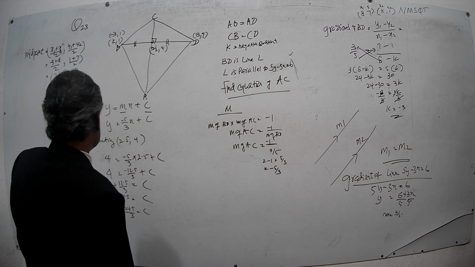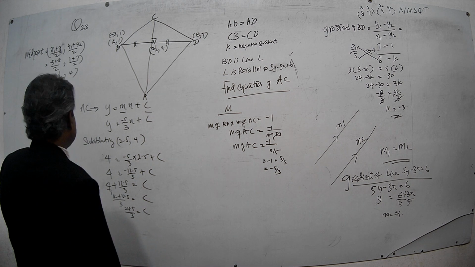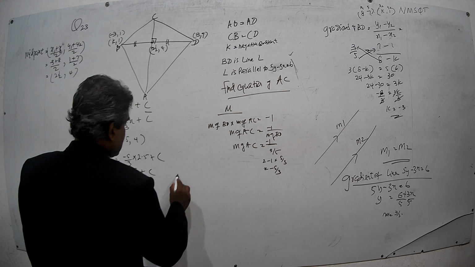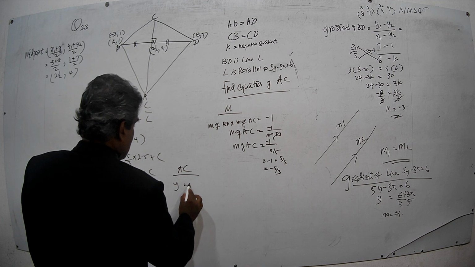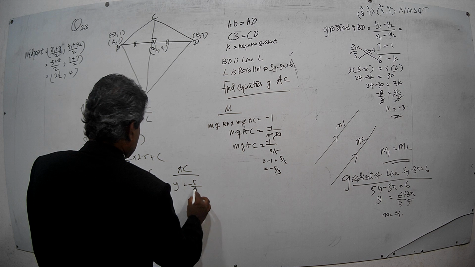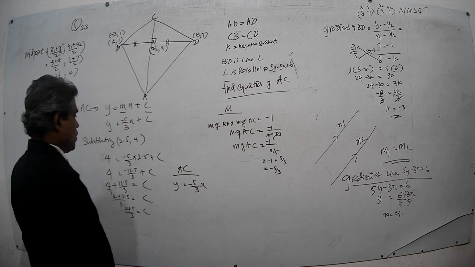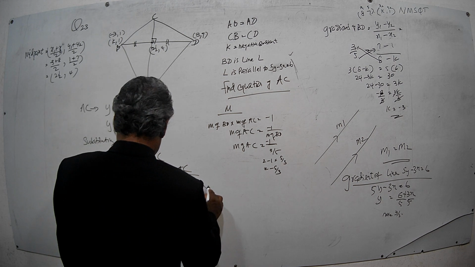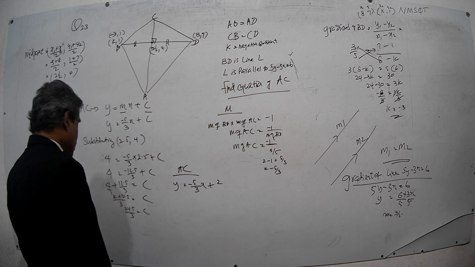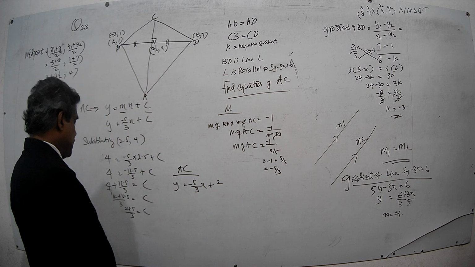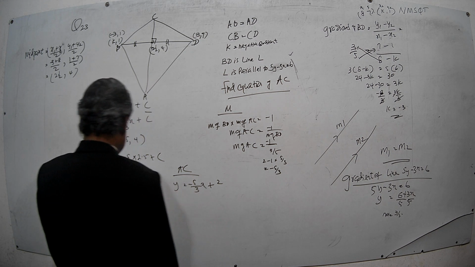Then we can write the equation of AC: y equals minus 5 over 3 x plus 24.5 divided by 3.